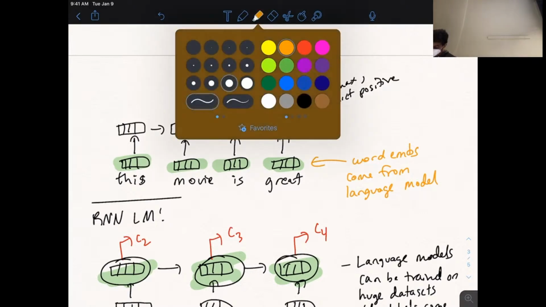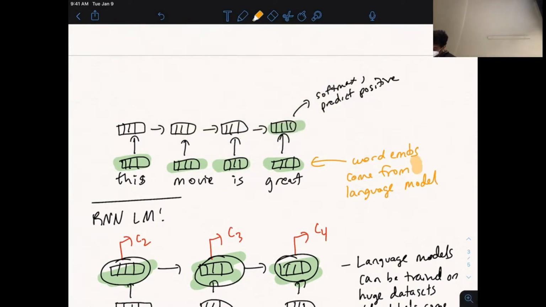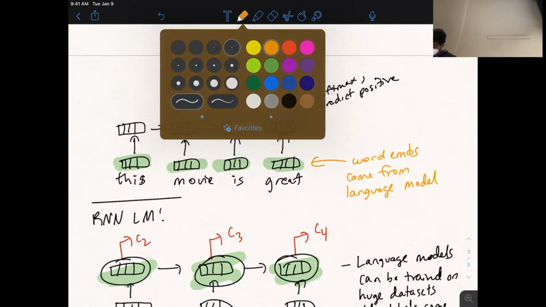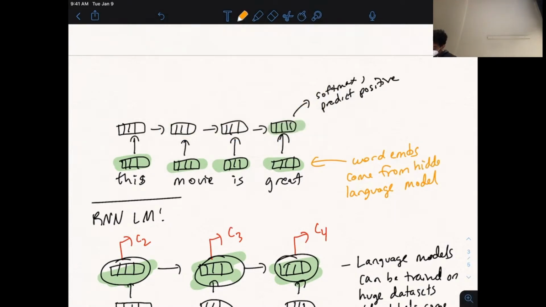So if I go back to this note, wow, that's not what I wanted to do. These come from the hidden states of the language model. And they are kept frozen during training.